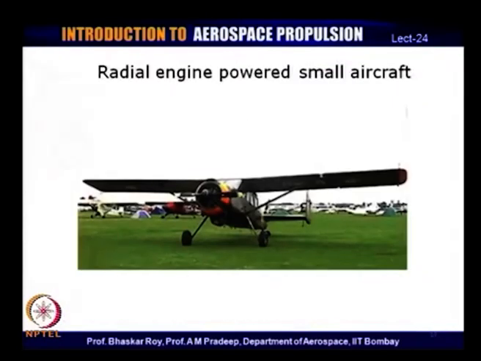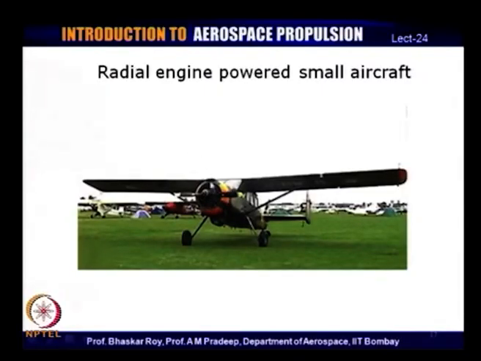This is the kind of radial engine that often powers a small aircraft. This is the kind of shape that a radial engine would have to be housed inside. You would have a circular front body of the aircraft, within which the radial engine would be housed, and it would of course drive the propeller.